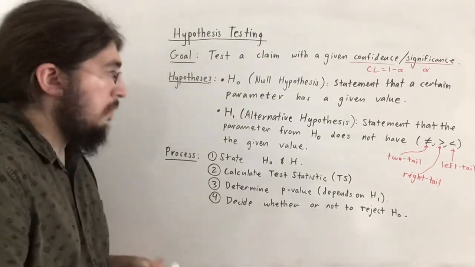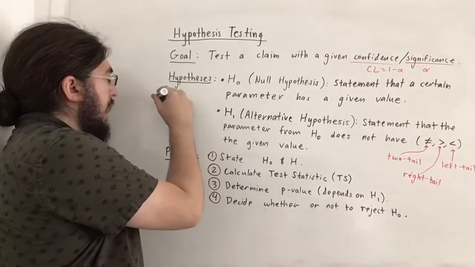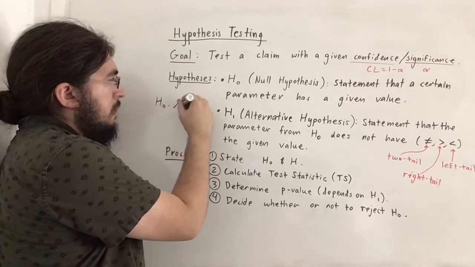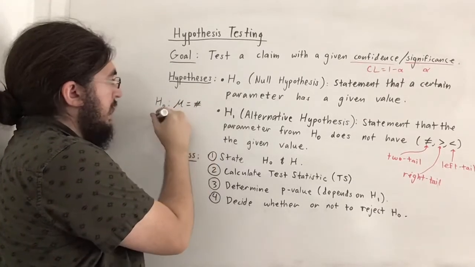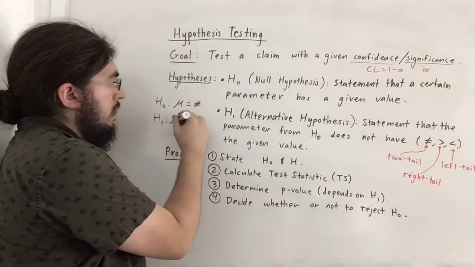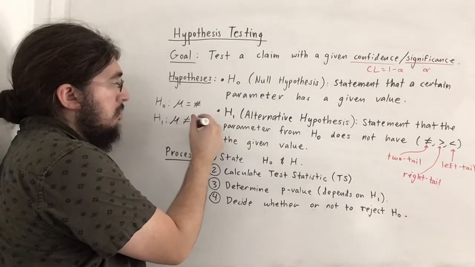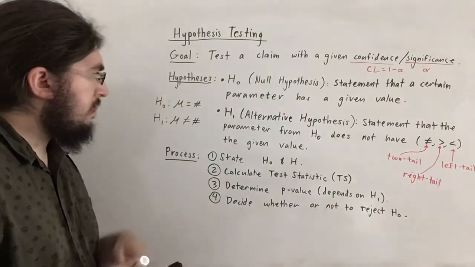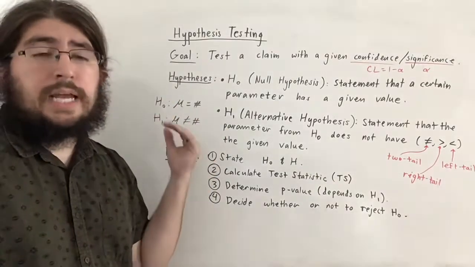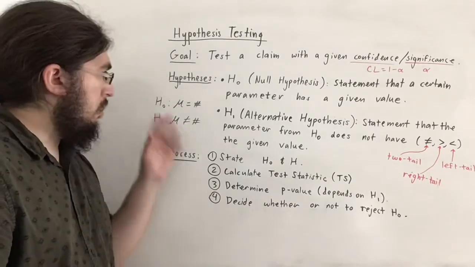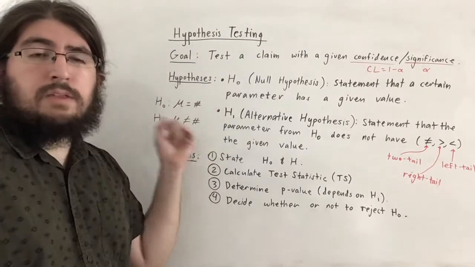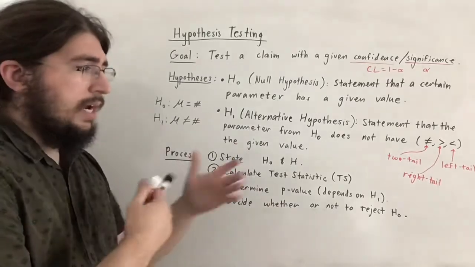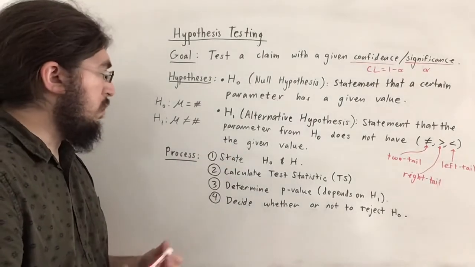Generally, what I'll be showing you is that H naught will be something like, for example, mu is equal to a number, and H1 will be that the mean mu is not equal to that number. This would be a two-tailed test. But notice equal to and not equal to in this case are actually complements. One says something, the other says the opposite. They're complementary statements, if you will.